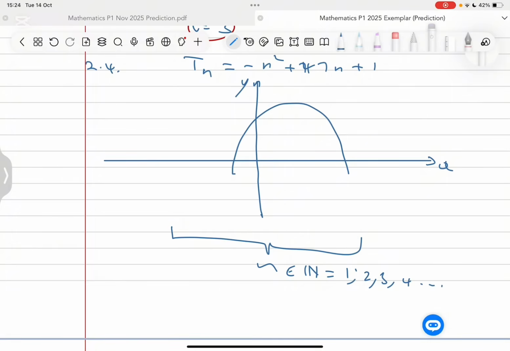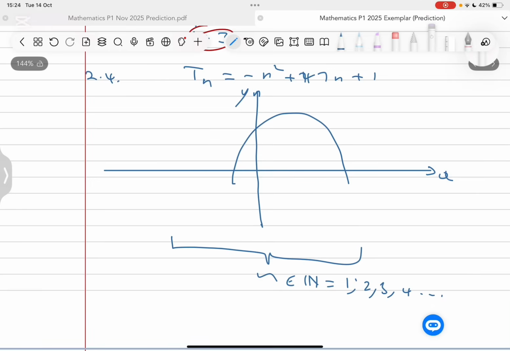Because when we count terms, we count them using natural numbers. So we have to only look at 1, 2, 3, and so on. You can't be looking at the number of terms using 0.5 or 5.2, but in terms of looking at it as a function, it's all the values here. So very important to look at that.